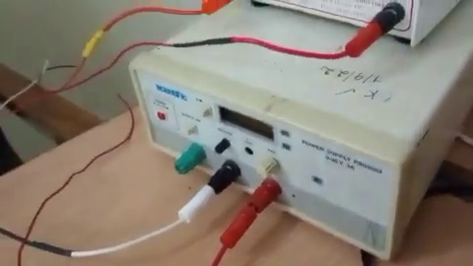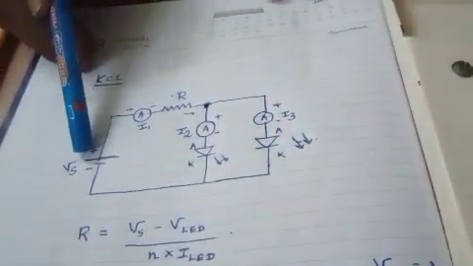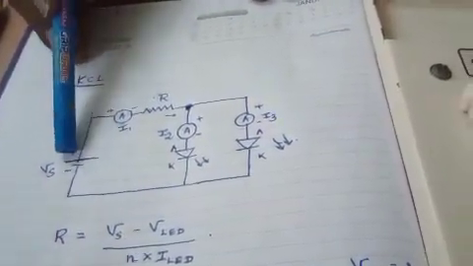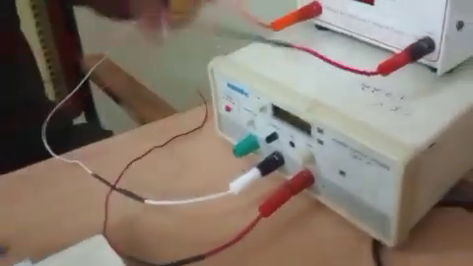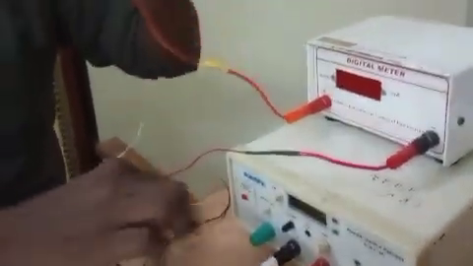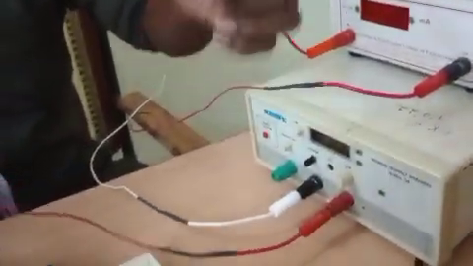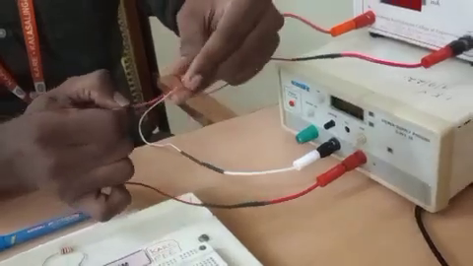Now as per this circuit, I will connect the plus terminal of RPS to the plus terminal of the ammeter first. This is the plus terminal of the ammeter, and this is the plus terminal of RPS. So I'll connect both together first.